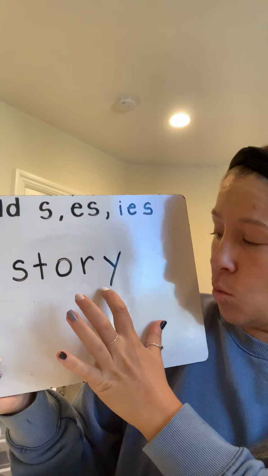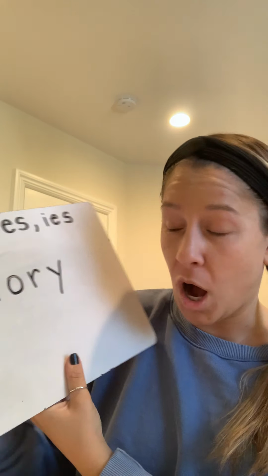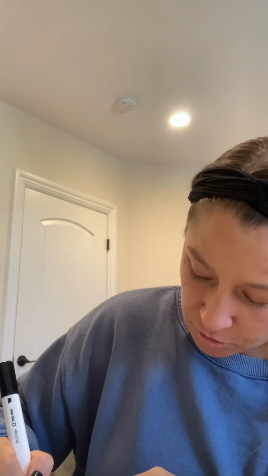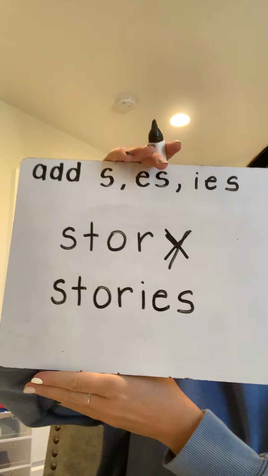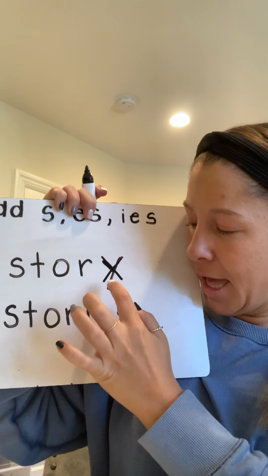When it ends in Y, we drop the Y, or I'm going to cross it out for this example, and add IES. So for example, the spelling becomes completely different. If we look, it's now spelled like this. I got rid of the Y and I added IES.